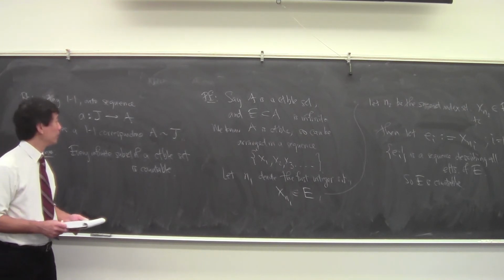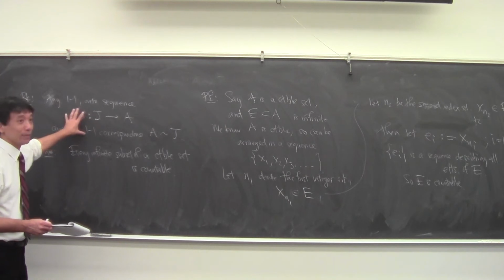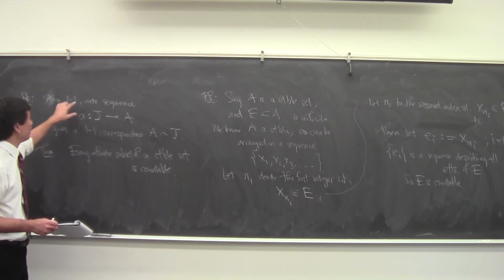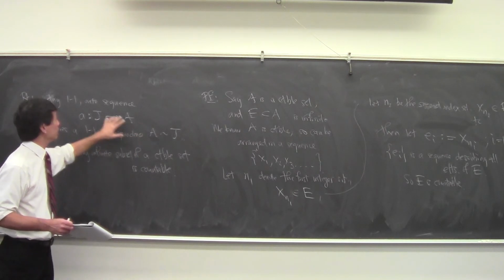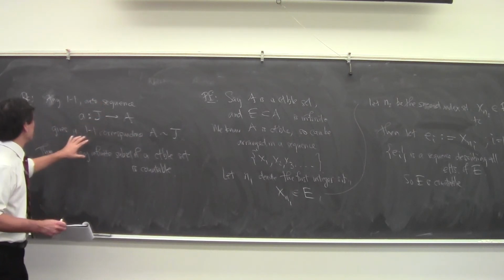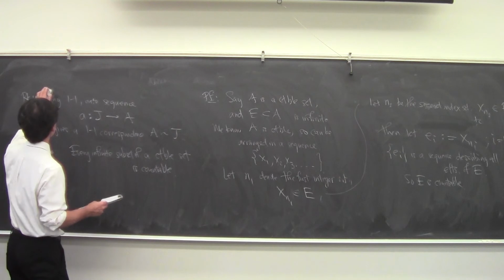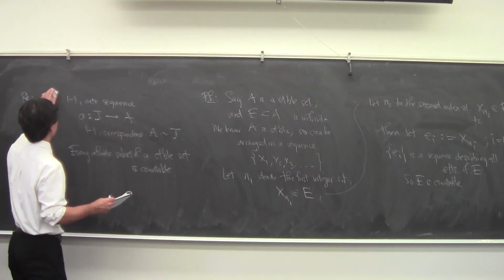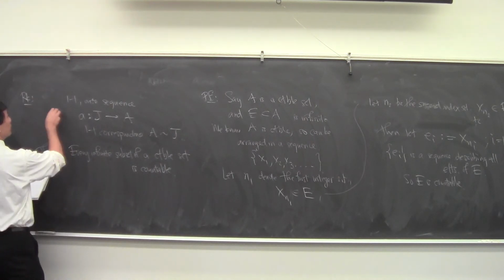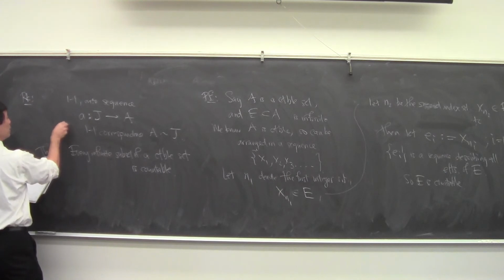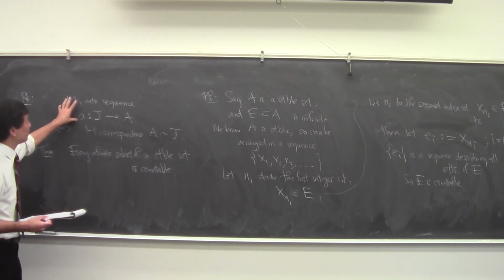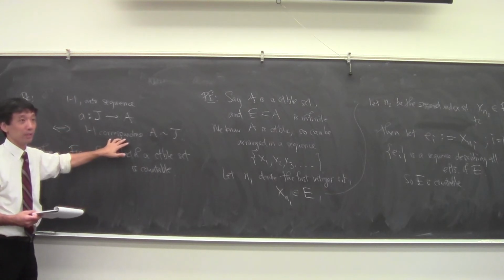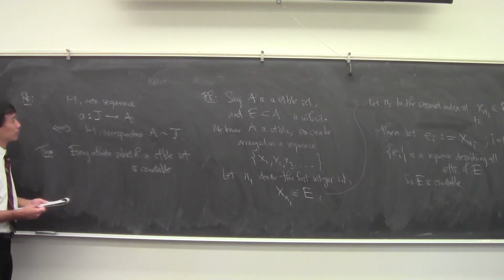And vice versa, right? If you have a sequence, then you get a one-to-one correspondence. If you have a one-to-one correspondence, you have a sequence. So maybe I should say it like this: the existence of a one-to-one sequence is equivalent to the existence of a one-to-one correspondence.